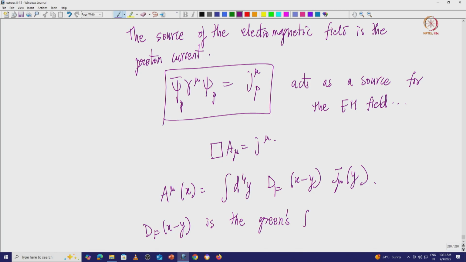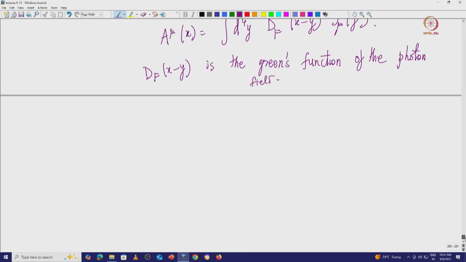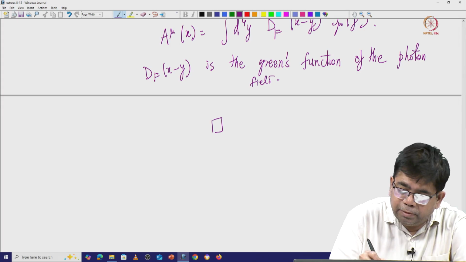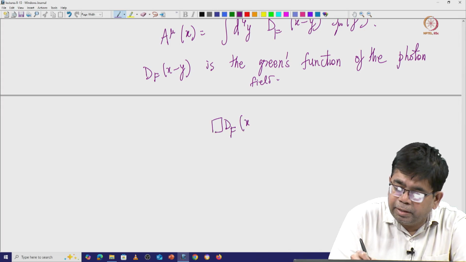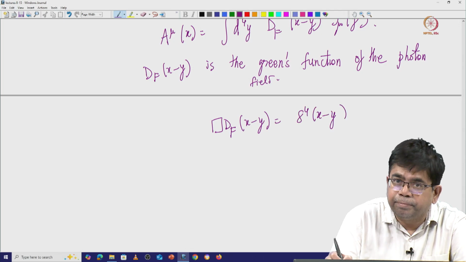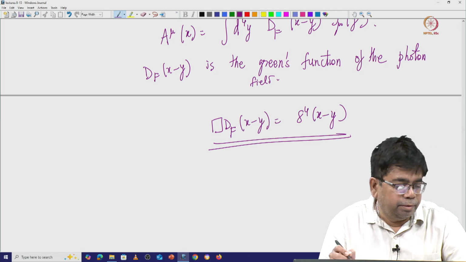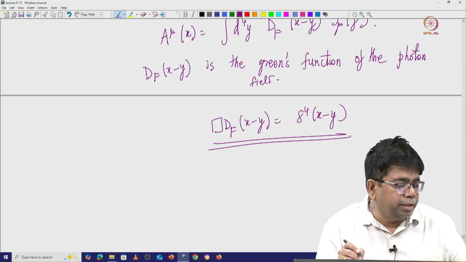This we already did in the previous lectures, because I introduced it, I already made it dynamical, but anyway I am just doing it for completeness. Okay, del square D_F(x minus y) is equal to delta power 4 of x minus y. Good. So this is your Green's function.